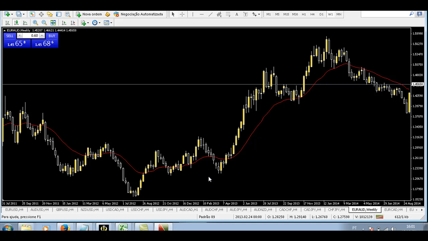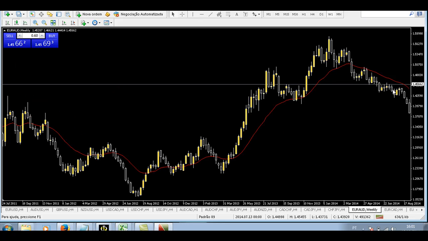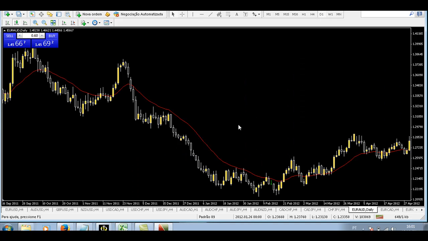Using this technique of moving average 21 in the weekly graphic, go to the daily graphic to initiate some operation when the weekly graphic is showing the trend is down, or if the trend is up, you can probably have more profitability, because the weekly graphic is a really strong graphic, and the moving average 21 is really powerful to use this technique.